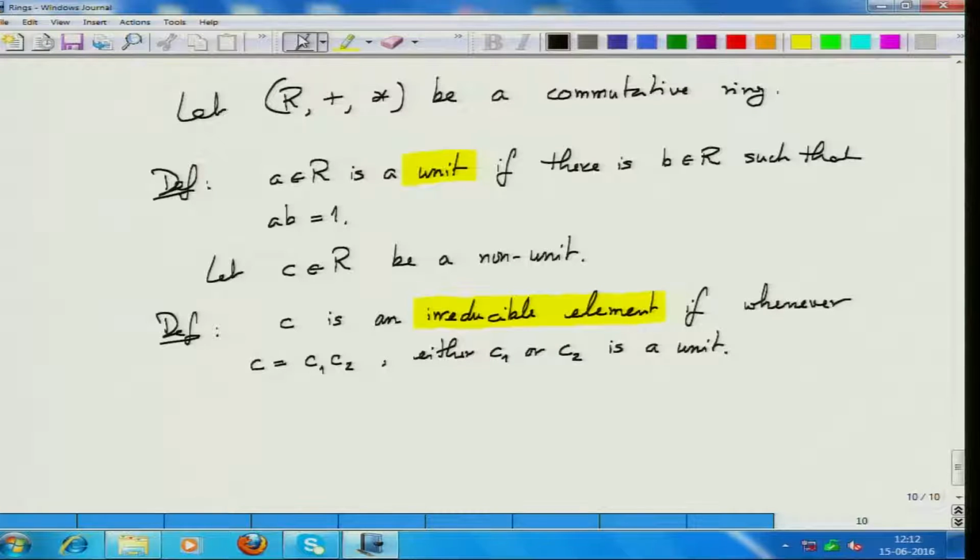This non-unit C we call an irreducible element if whenever we can write C as C1 times C2, one of C1, C2 is a unit.